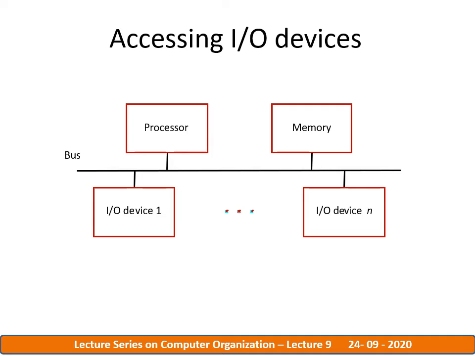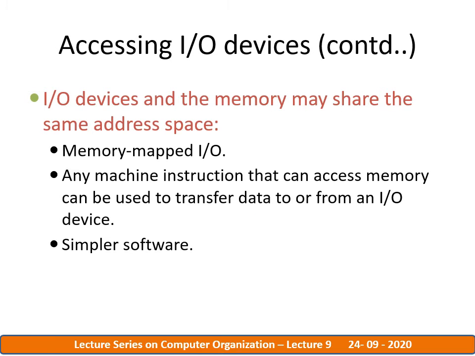Now we'll see one by one. What is memory mapped IO? The IO devices and the memory which share the same address space is called memory mapped IO.